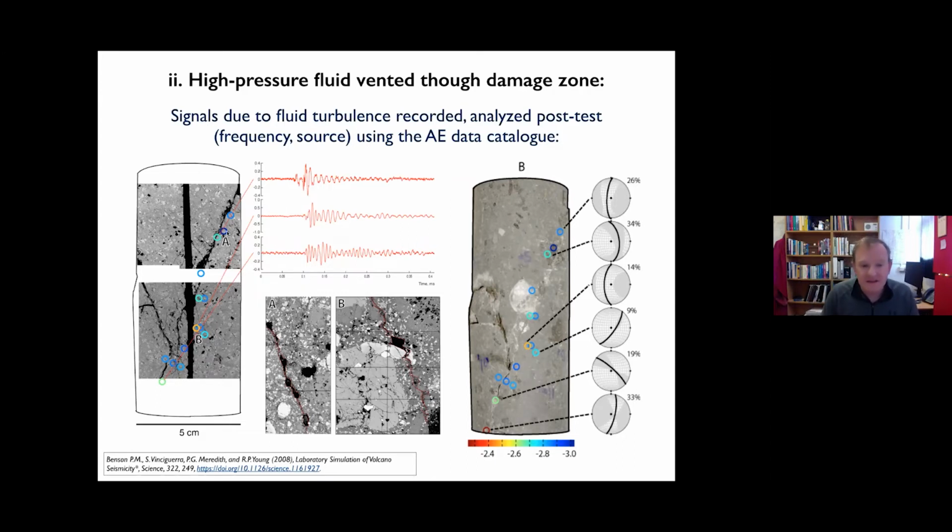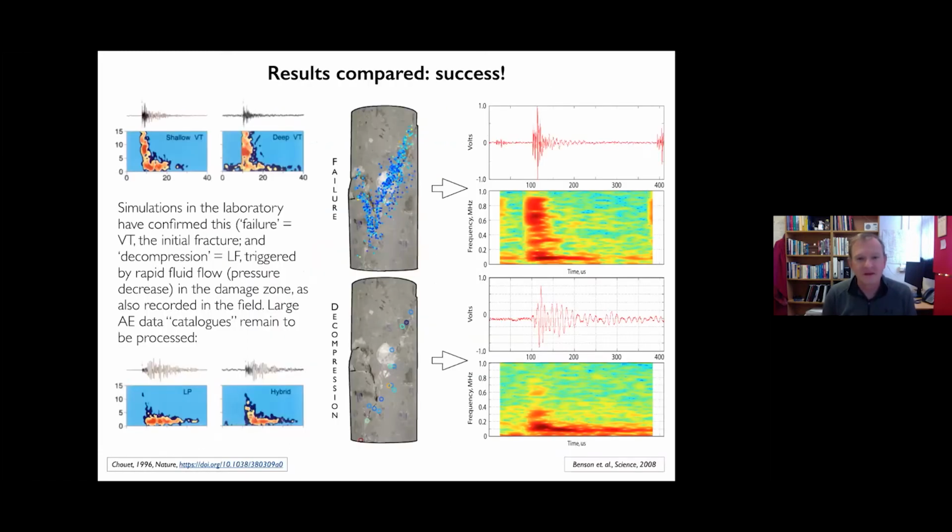But nonetheless, they do map out along the damage zone, and in particular, if we zoom into a couple of these example features, A and B, these are panels A and B, and sure enough, we see the kind of microstructural features that we were postulating could be a generation mechanism for low frequency events. So far so good. It was a good result. We were very happy with it. There's of course much more we can do.